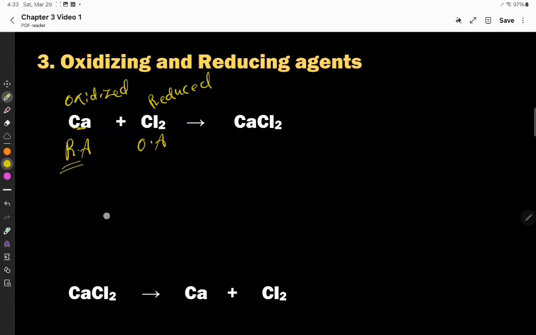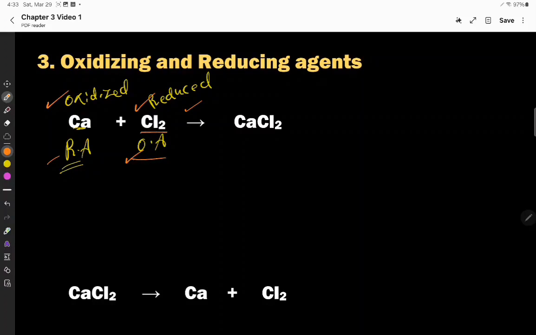Now let's just think about it like this. The substance which is oxidized is a reducing agent. The substance which is reduced is an oxidizing agent. The agent will be the opposite. If the substance is oxidized, it will be a reducing agent. If the substance is reduced, it will be an oxidizing agent. Now in this case, what is the oxidizing agent? It will be chlorine.